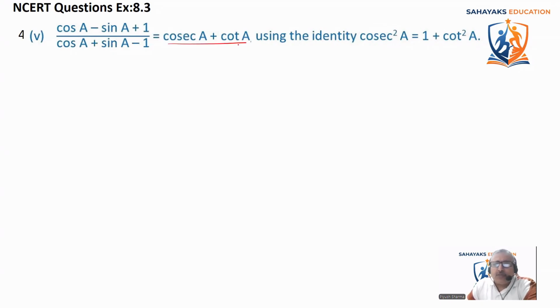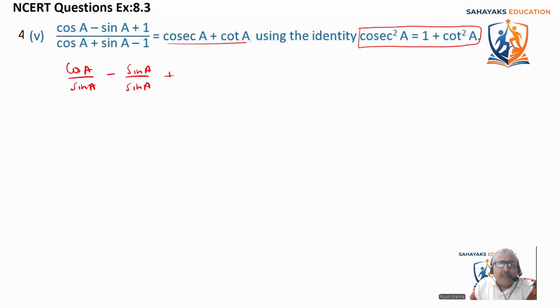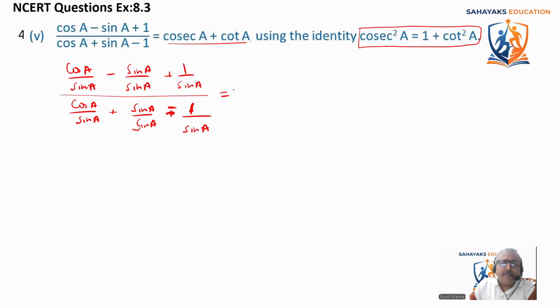We have to prove it equals cosec A plus cot A. And we have to use this identity: cosec square A is equal to 1 plus cot square A. To prove that, because we require cot in this, we should divide the entire thing by sin A. So it becomes cos A by sin A minus sin A by sin A plus 1 by sin A divided by the same thing: cos A by sin A plus sin A by sin A minus 1 by sin A.